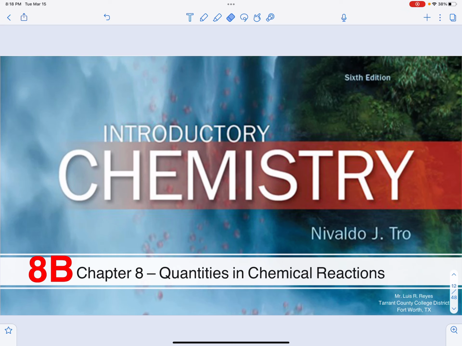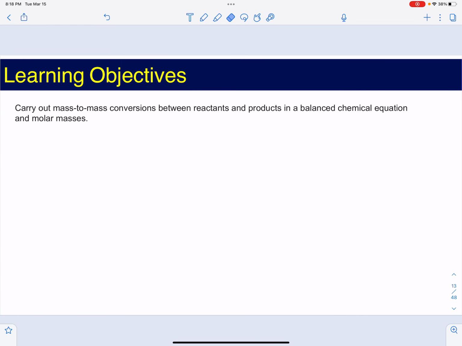So now that you know how to do moles to moles calculation using a balanced equation, let's do mass to mass calculations, which involves nothing more than taking the mass, using molar mass to make it into moles, and then you can do mole to mole conversion. So that's what we're doing.